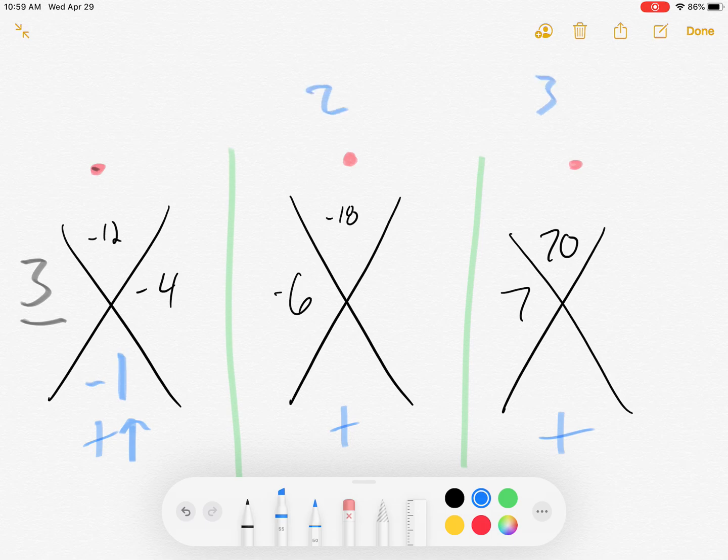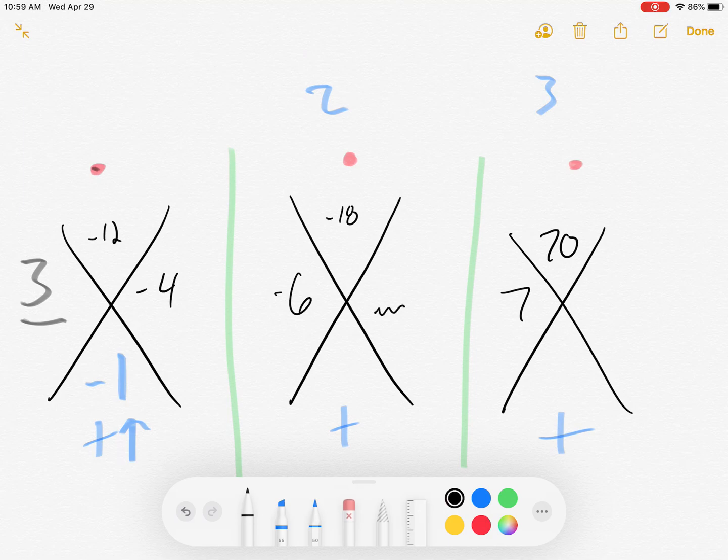Okay, next up, number 2 again. If you want to try numbers 2 and 3 here, you can pause the video. I'll start talking in about 5 seconds. Okay, so we have negative 6 times what number is negative 18? Well, again, a negative times a positive would give us a negative.